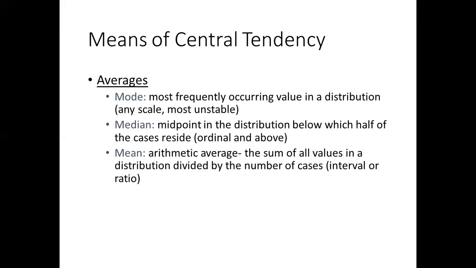So your data set has to be arranged in order for you to get the midpoint in the distribution. And of course, the mean is the arithmetic average, the sum of all values in the distribution divided by the number of cases.